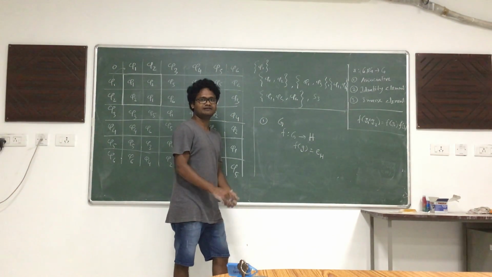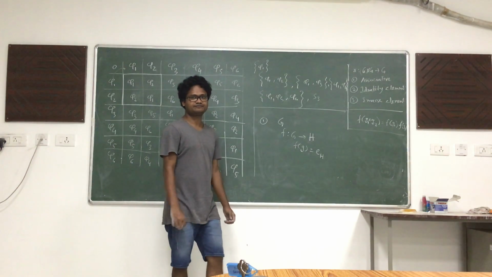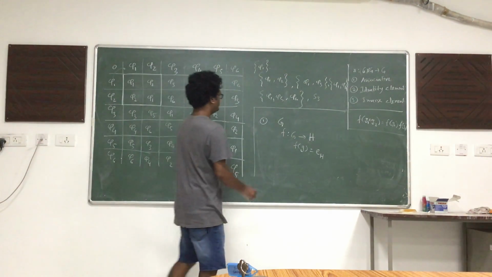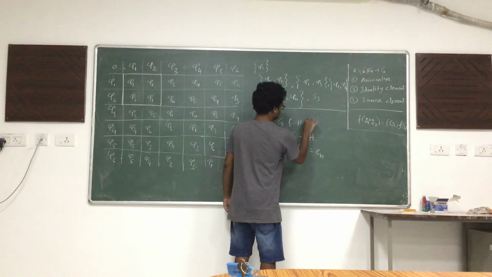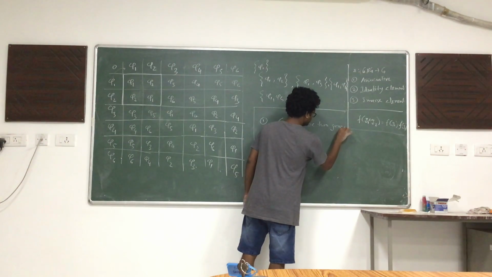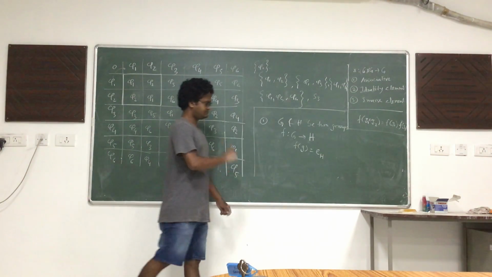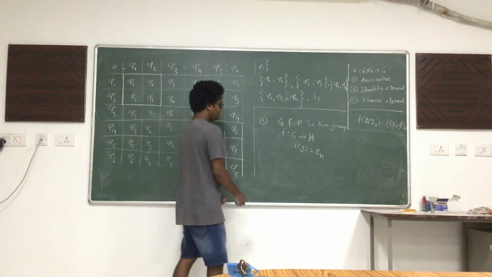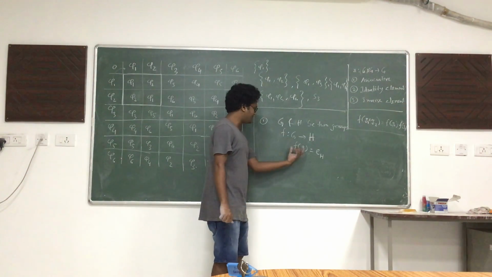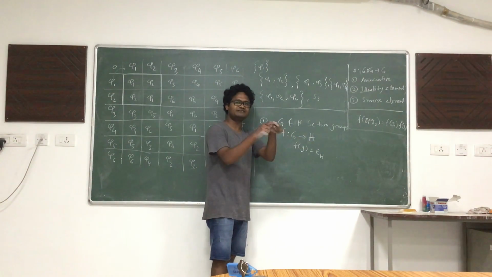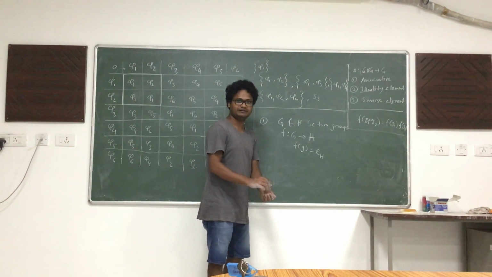How do we check it? The rule that I am specifying is it takes every element of G and sends it to precisely the identity element.